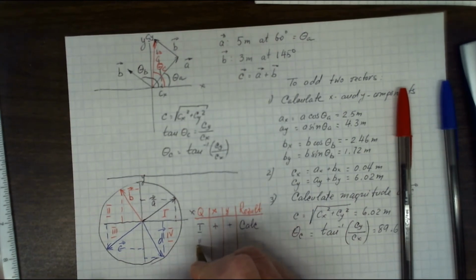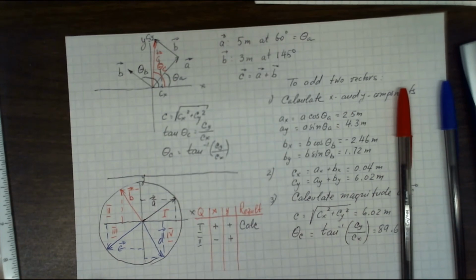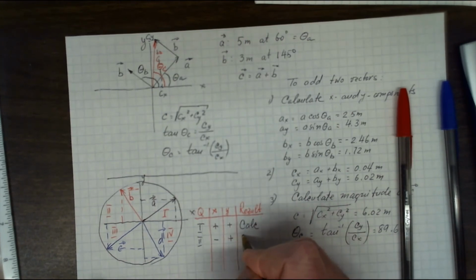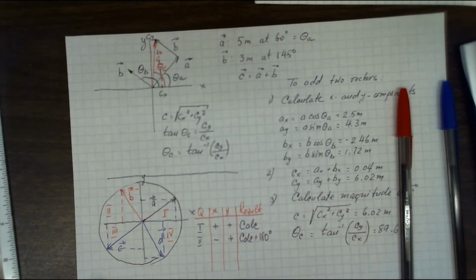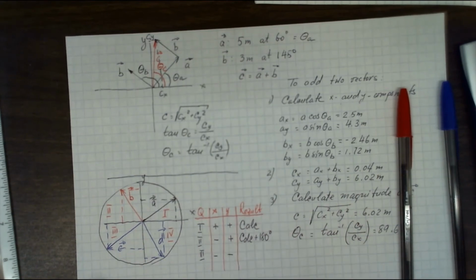Second quadrant: x component is negative, y component is positive, and you have to add 180 degrees to whatever your calculator shows you. Third quadrant: both x and y are negative numbers.